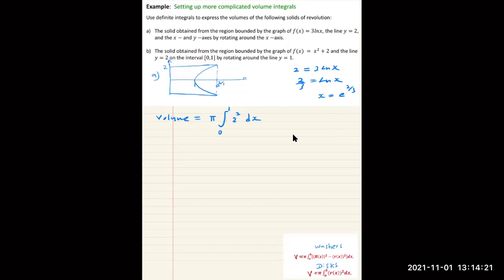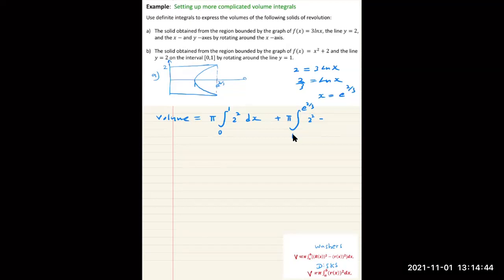And then I have another integral that is again pi times the integral from 1 to e to the power 2 over 3. This time you have 2 squared, the upper radius. 2 is the upper radius squared minus the lower radius squared. What is the lower radius? Lower radius is 3 ln x.